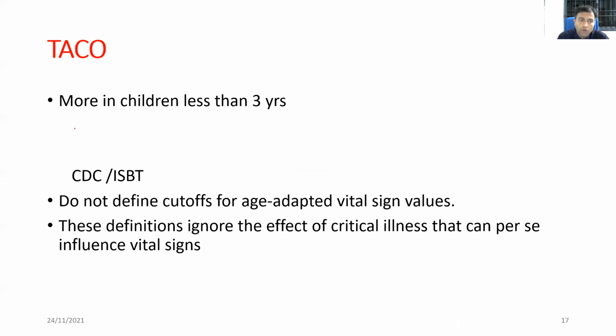What about TACO? Again, it is known to be more common in children less than 3 years. The TACO definition that is used to define this transfusion reaction is most commonly either the CDC one or the ISBT definition. But the problem is they do not define cutoffs for age-adapted vital sign values.